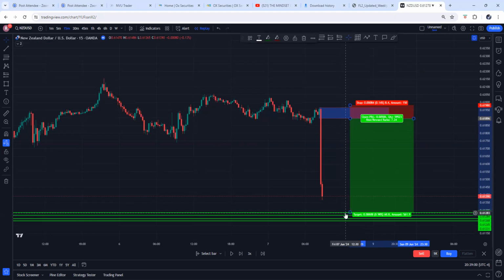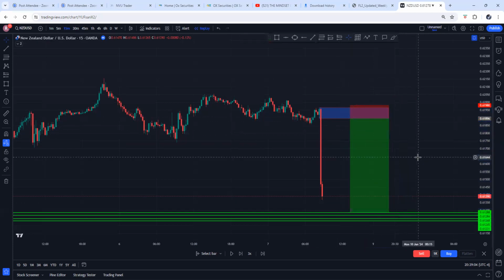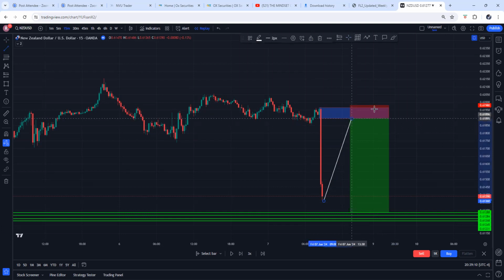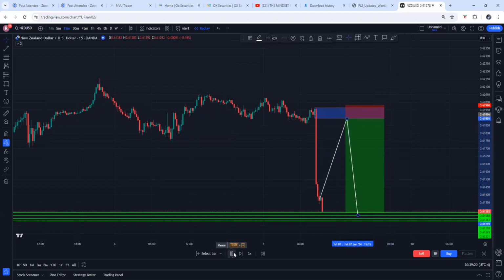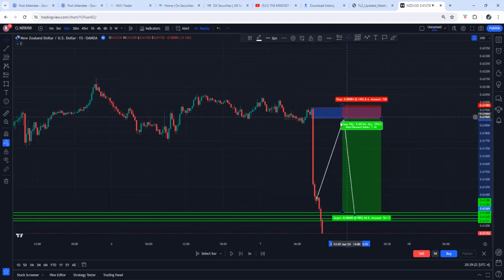For this trade to be considered active, I need price to come back up here first. It enters me into the trade, and then I'm looking for this to happen. So let's see what happens in this case. Bam. Price didn't come back up.